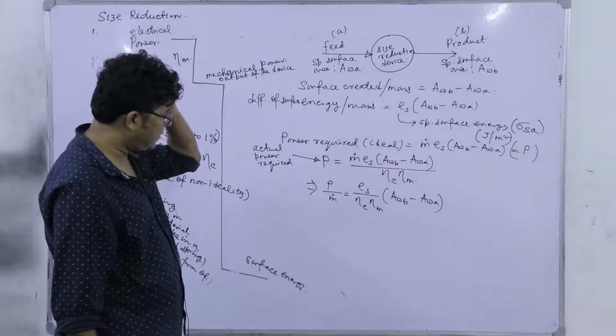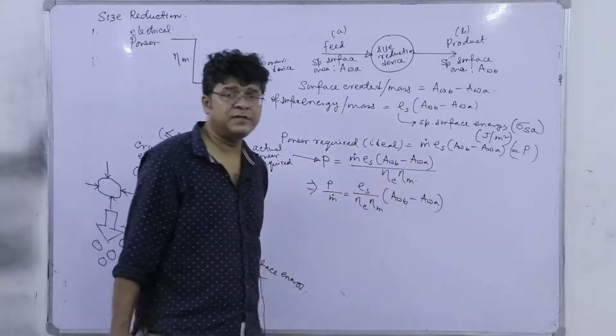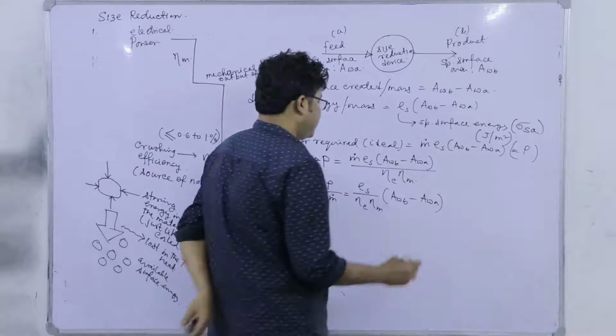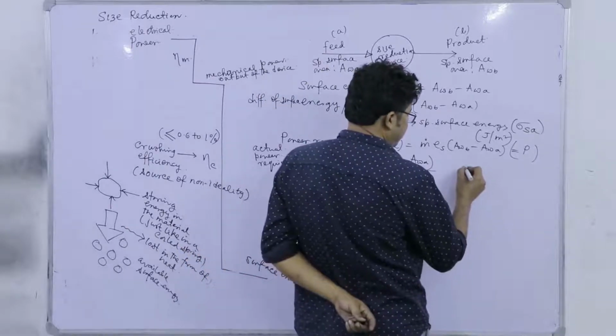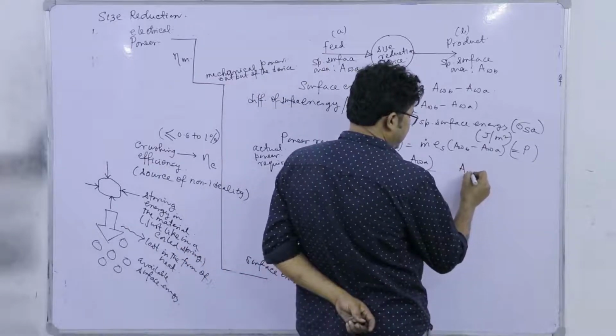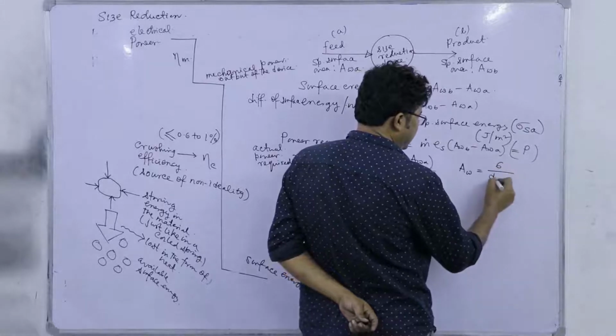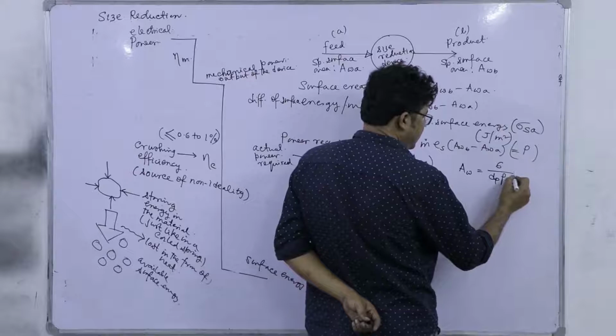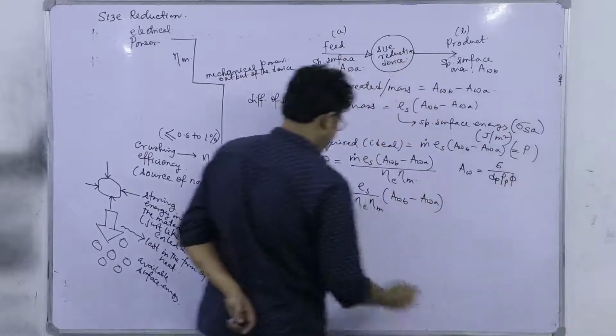Now, that is the specific surface area. Specific surface area is related to size and sphericity. We have already calculated the specific surface area AW as 6 divided by dP into rho p into phi, right.